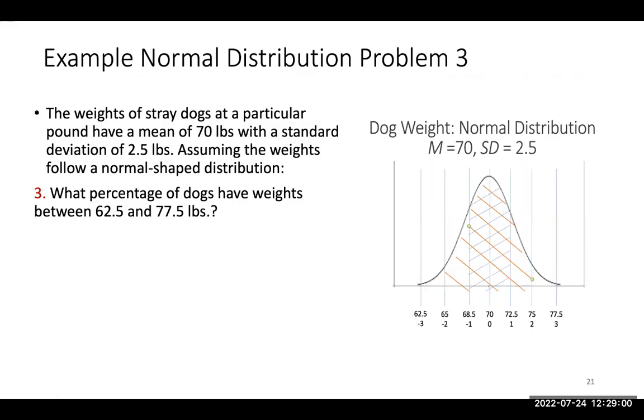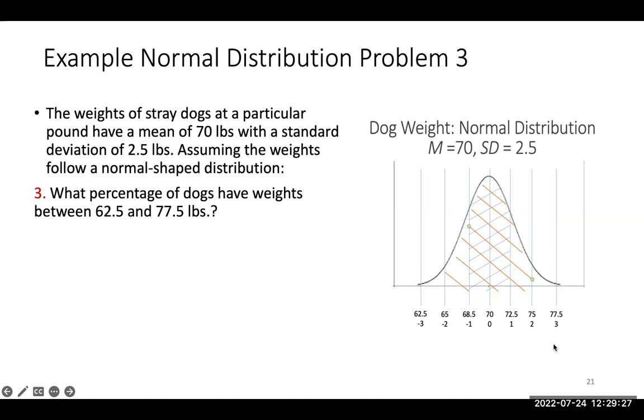Okay, last type of problem that I would ask you for the normal distribution. Same information as the first two. Now I'm saying, what percentage of dogs have weights between 62.5 and 77.5? Taking a look at the graph, you can already see 62.5 is 3 standard deviations below, and 77.5 is 3 standard deviations above.